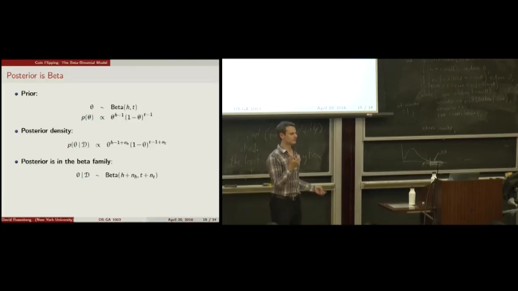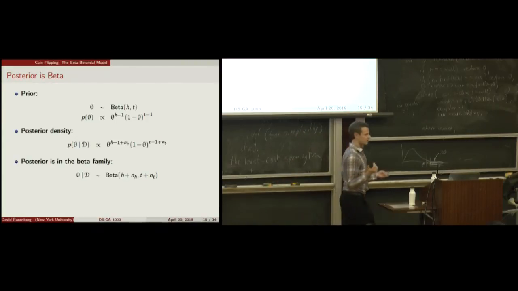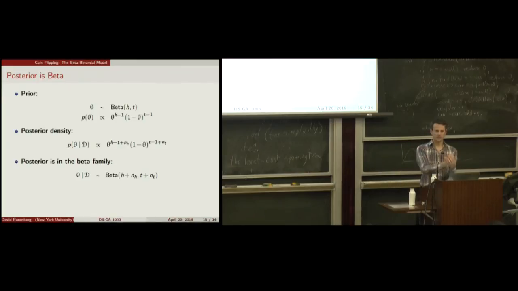If you could say, my belief is, it's as though I'd observed 51 heads out of 100 total flips, then your prior would be h is 51 and t is 49. And then n_h and n_t are the new actual observations that you made. Your distribution gets updated by adding the number of heads and the number of tails you got to the parameter values.